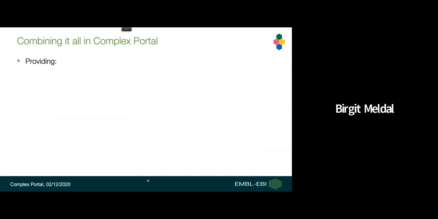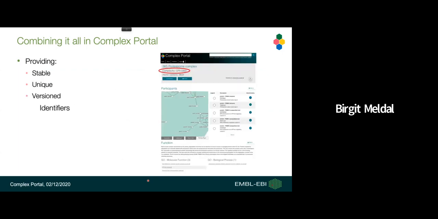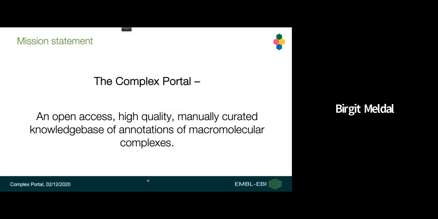What we provide you, therefore, are stable, unique, and versioned identifiers and a whole lot of additional annotations in one place. So you don't have to go to all of these other sources to try and identify the complex. What we're doing is we provide an open access, high quality, manually curated knowledge base of annotations of macromolecular complexes.